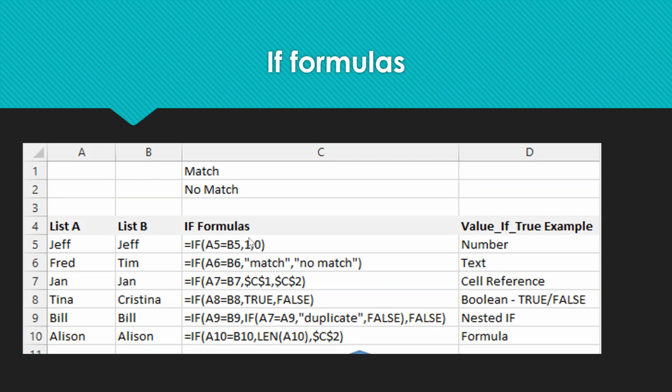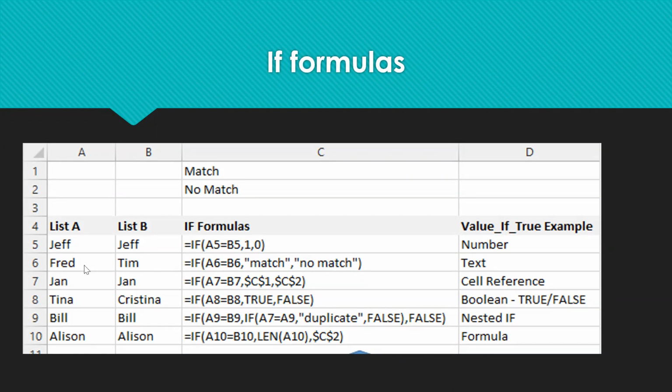The second argument is the result if the value is true. Here the answer is true, so the result will be 1. 0 won't be printed here. So for the first one, we get an answer of 1.